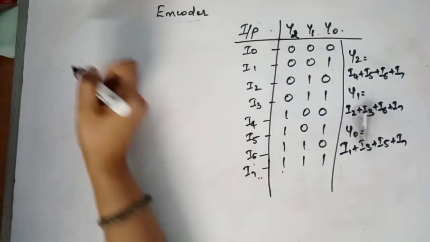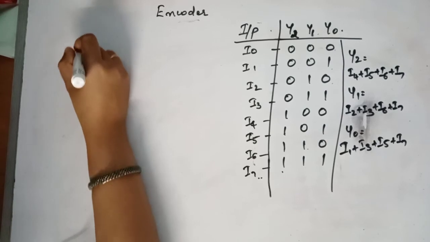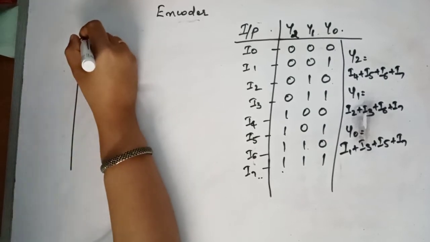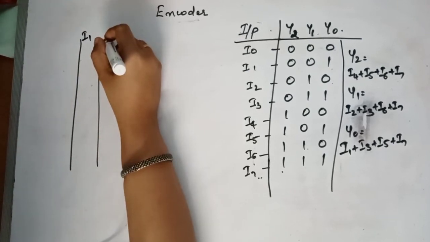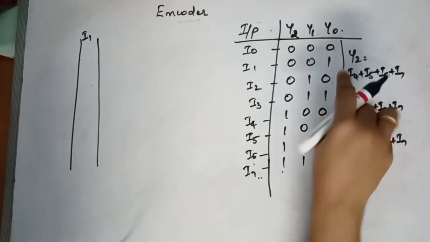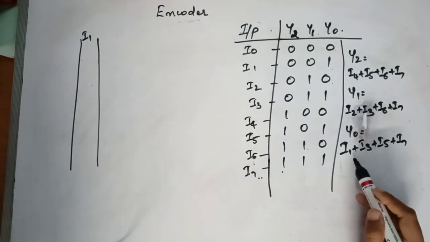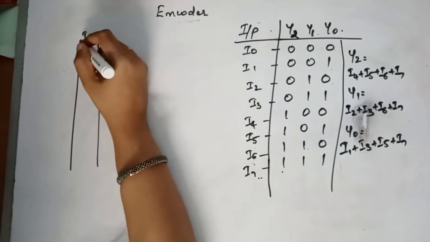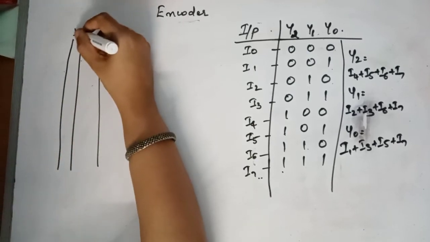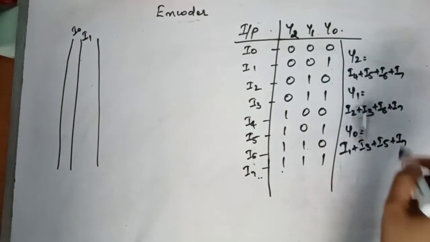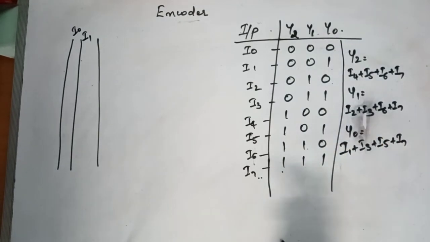So you can draw this. You have I1. You don't have an I0 here, so I'm not drawing that. You can just keep it like that, but there is no need because it is not there in the equations.